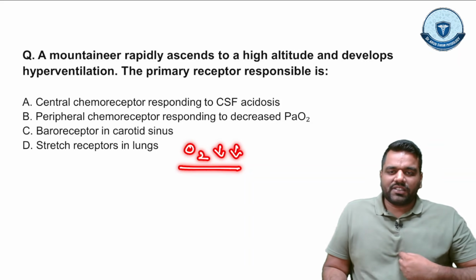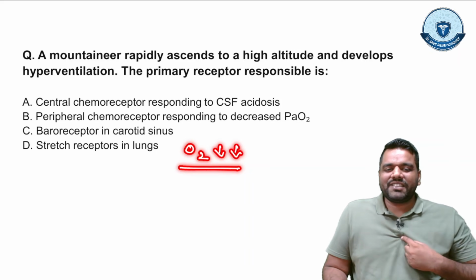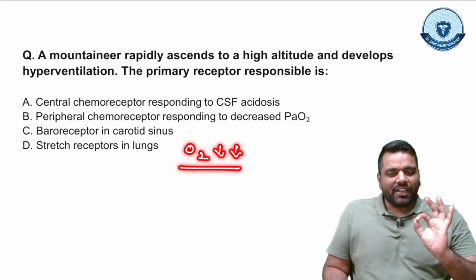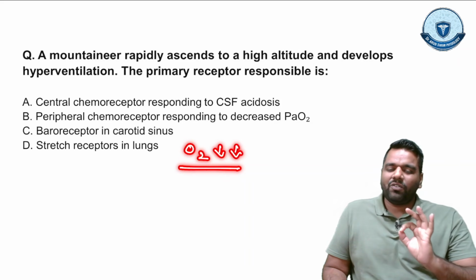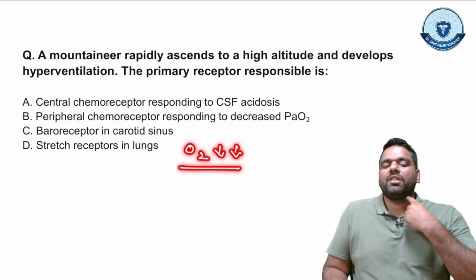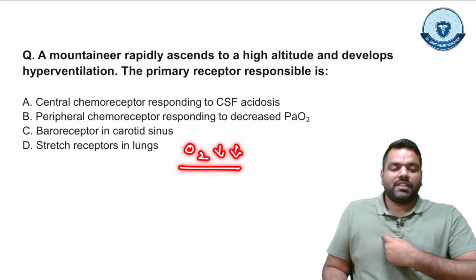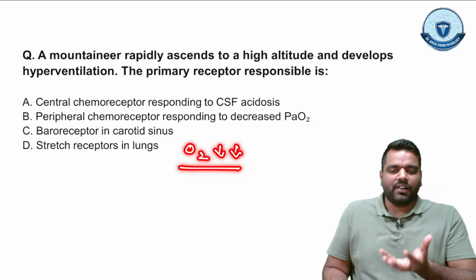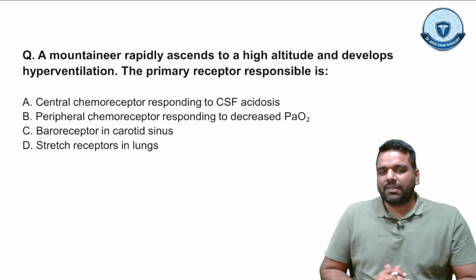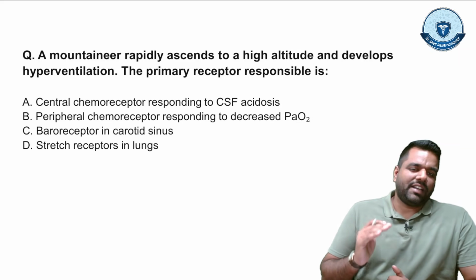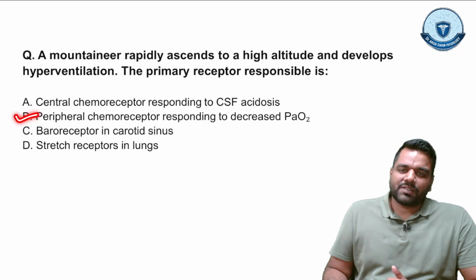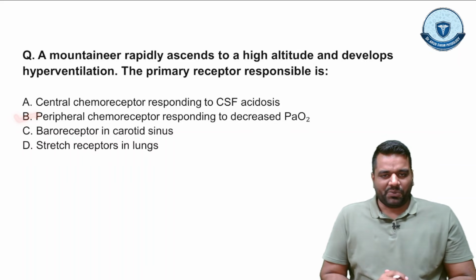And with less oxygen in the blood, the chemoreceptor immediately identifies it, because just now we talked about the chemoreceptor detecting the level of oxygen, and these chemoreceptors will fire. They will send the message to the medulla, and the medulla will send the message to the lungs, and the lungs start ventilating at a higher rate. So the primary receptor responsible is the peripheral chemoreceptor. So the answer is B, peripheral chemoreceptor responding to decreased PaO2, right?